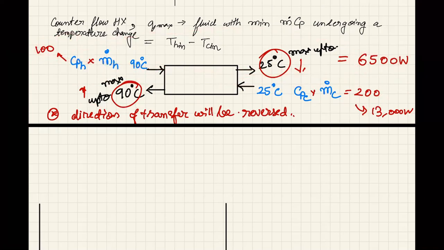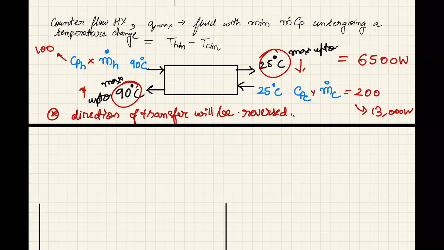So we have to take the value which is minimum, because this one can give 13,000 but the hot one cannot take 13,000, it can take only 6,500 in this particular case. So what is the Q max in this counter flow heat exchanger? The Q max is the MCP of the fluid with the minimum MCP times the temperature difference of this.